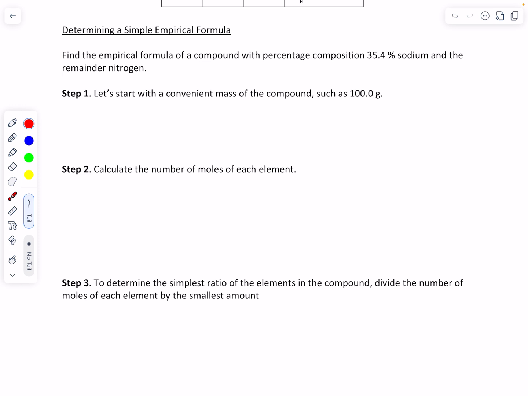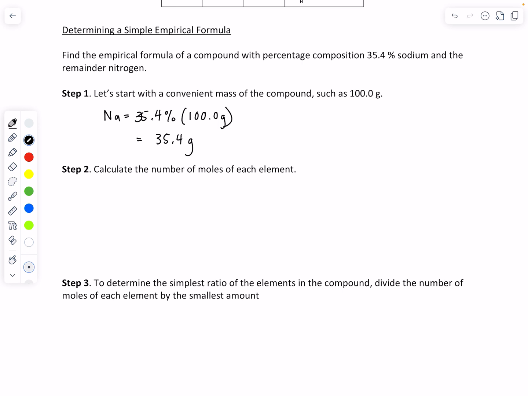Since sodium takes up 35.4%, let's find out how much of the mass that would be. So 35.4% of 100 grams is 35.4 grams.